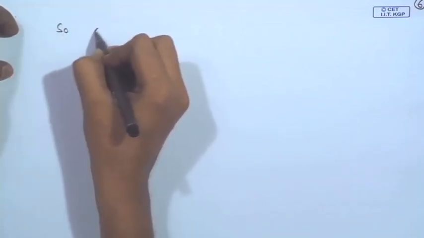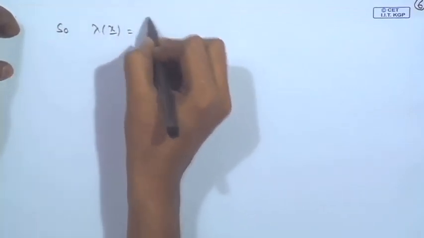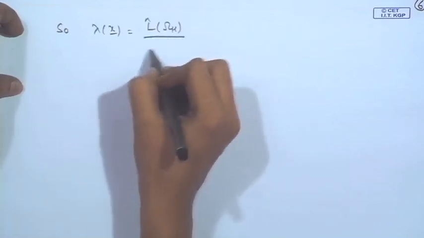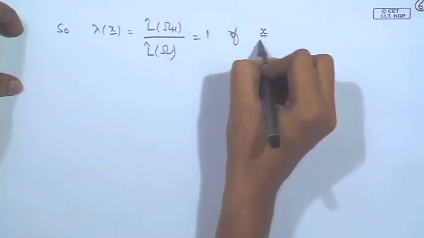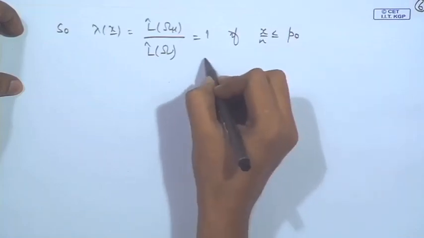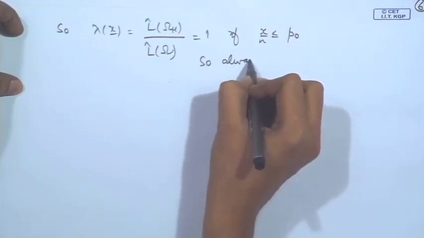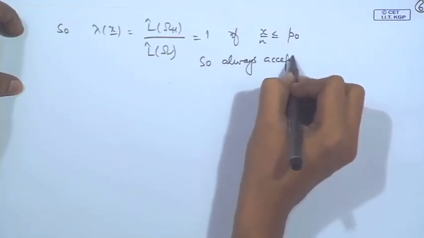So, the likelihood ratio lambda x, that is L hat omega h by L hat omega, is equal to 1 if x by n is less than or equal to p naught. So, always accept H 1.